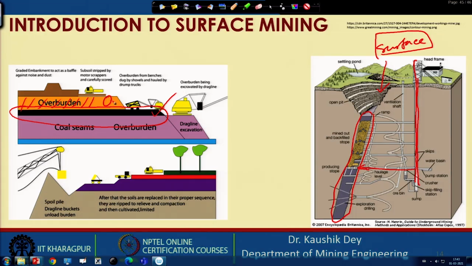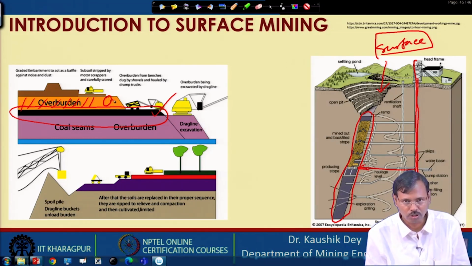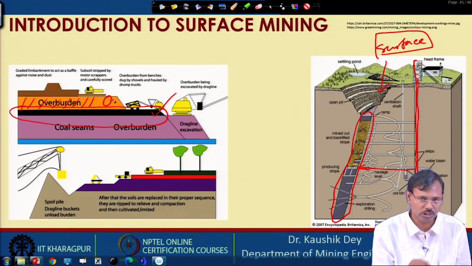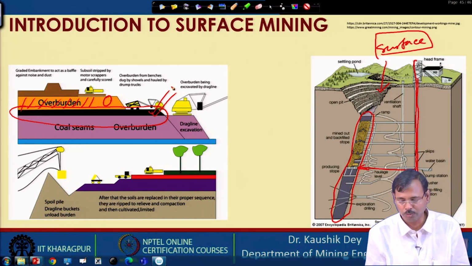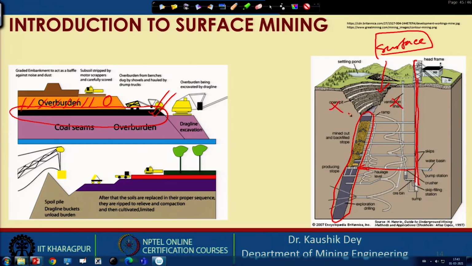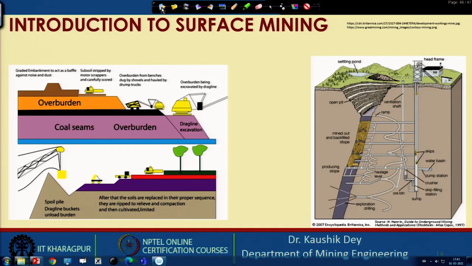So, you have to first remove the waste rock, the overburden rock situated above the ore body, and then the main mineral can be removed. But in underground mines, without excavating the waste rock, you can directly enter the ore body portion and excavate the ore body only. So, that is the benefit of underground mining.